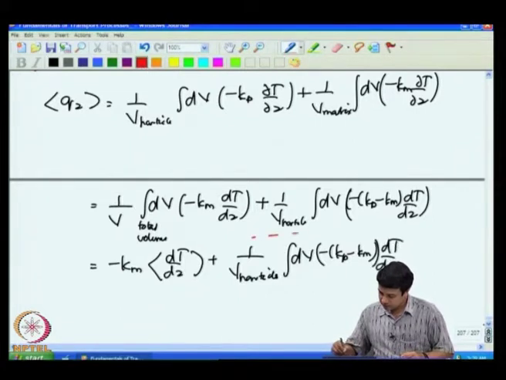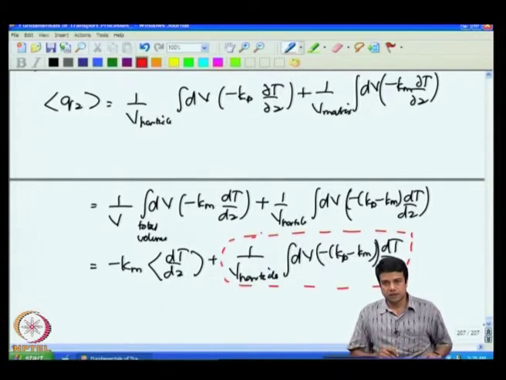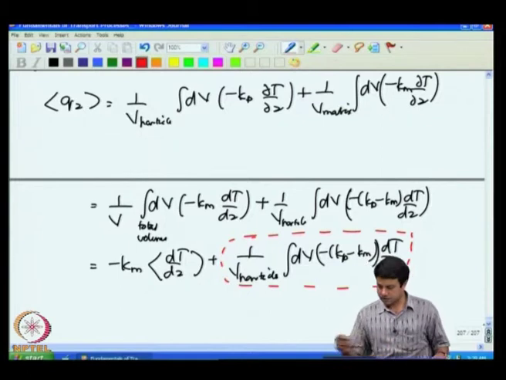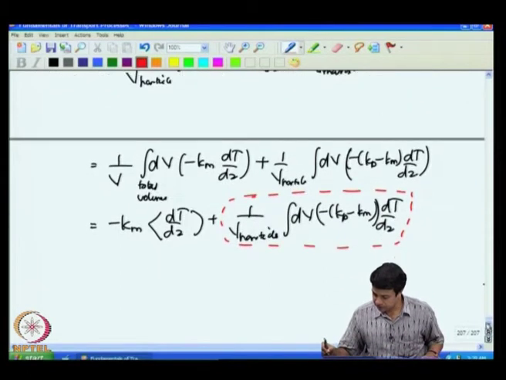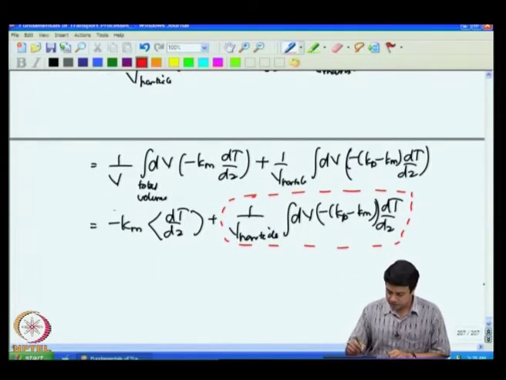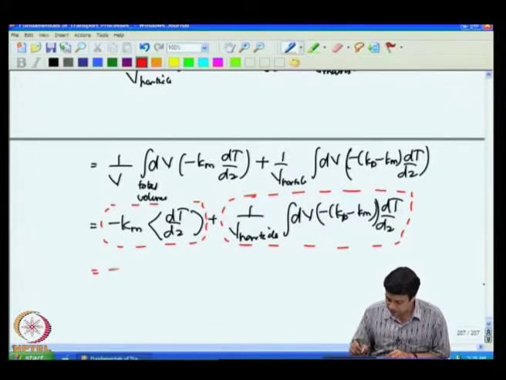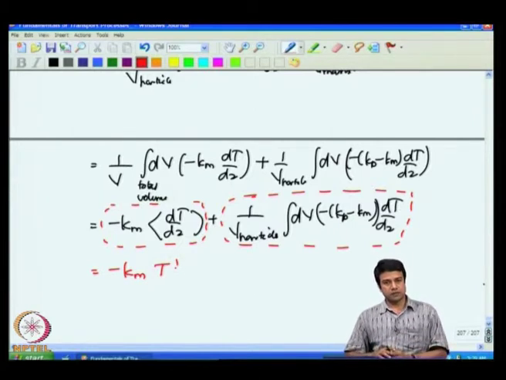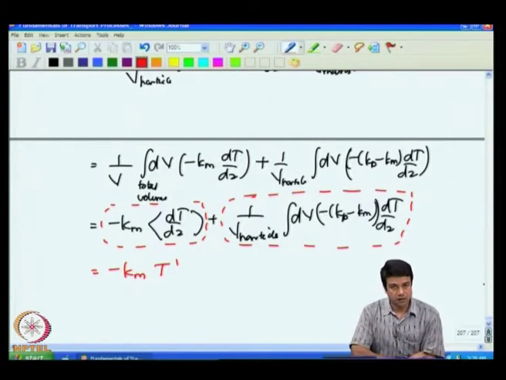So, this second term here gives me the correction to the heat flux due to the presence of the particle. This first term here is just the average contribution of the matrix. This is just equal to minus Km times T prime, the heat flux due to the imposed temperature gradient, and the second term gives me the additional contribution due to the presence of the particles.